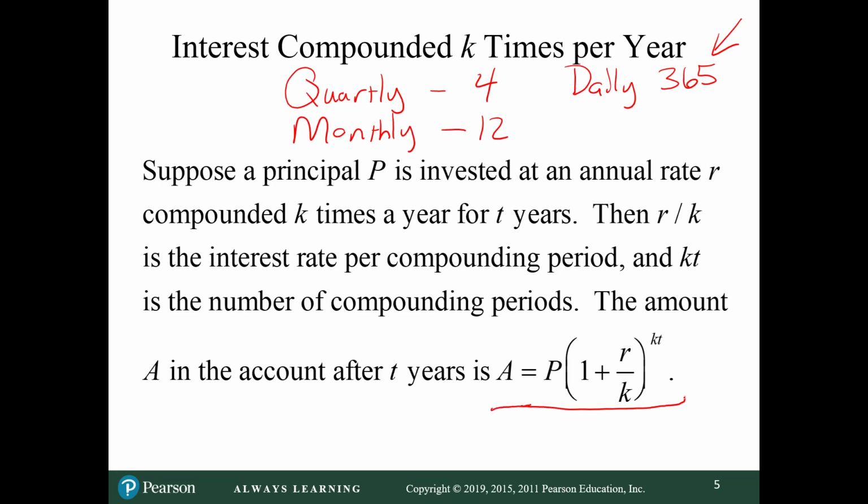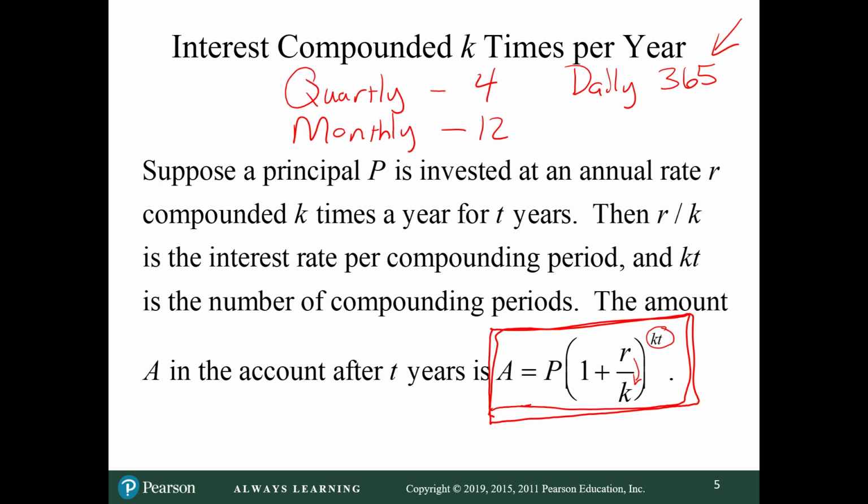For compounded more than one time per year, the formula changes just slightly. You take the rate divided by the number of times it's compounded per year, to the number of times it's compounded per year times the number of years. So you divide your rate by K and you multiply your time by K. That's the difference.